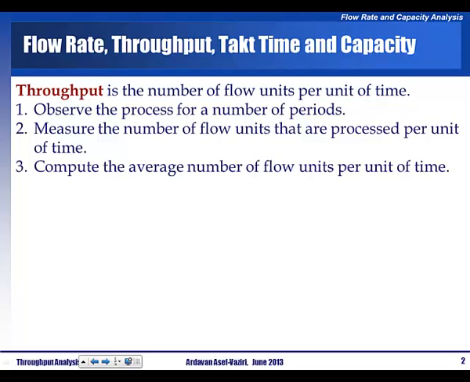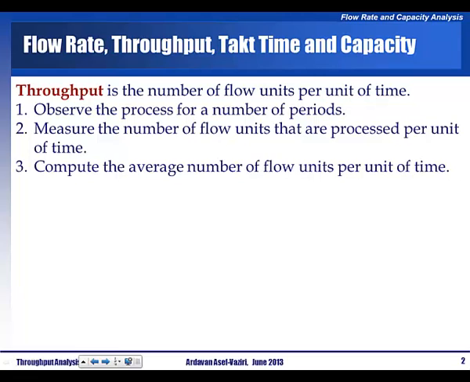Throughput is 0.2 per minute. Every minute, 0.2 units of product pass this operation or this process. Throughput is 8 per day. Throughput is 100 per month. The number of flow units that pass an operation or the whole process per unit of time.